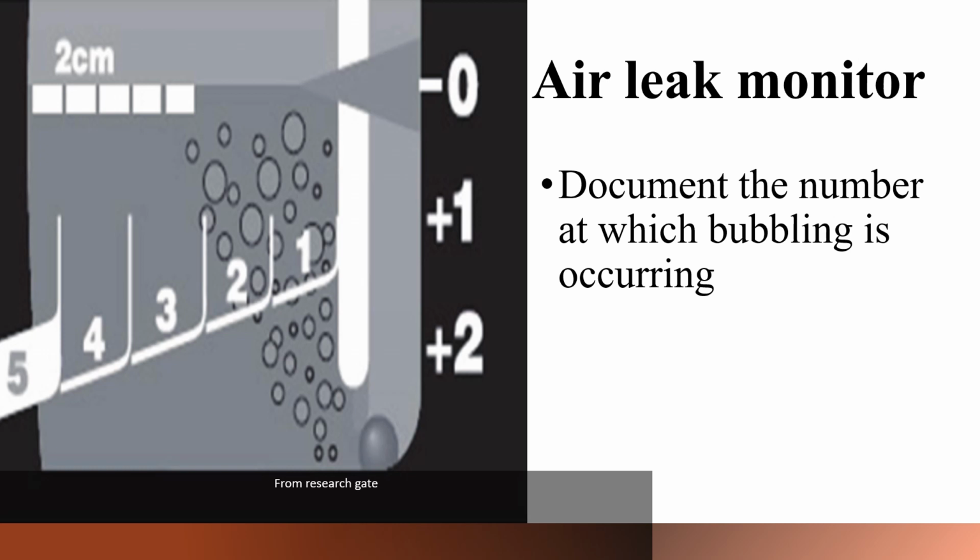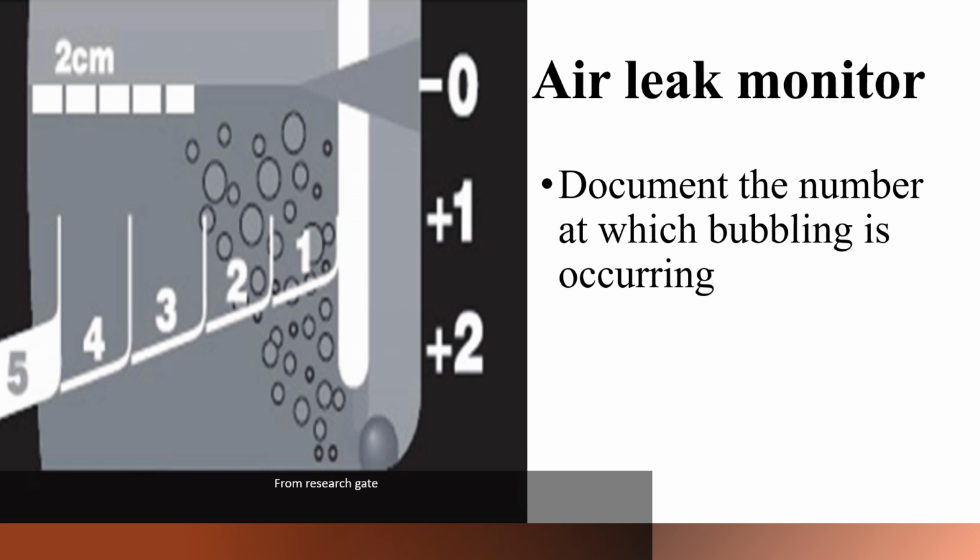The higher the numbered column, or the higher the number through which bubbling occurs, the greater the degree of air leak. You will document the number at which bubbling is occurring, and you'll monitor the increase or decrease of the air leak. Bubbling should always be from the right to the left to indicate an active air leak.